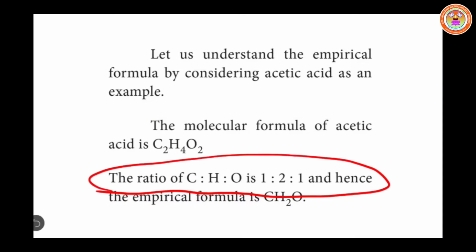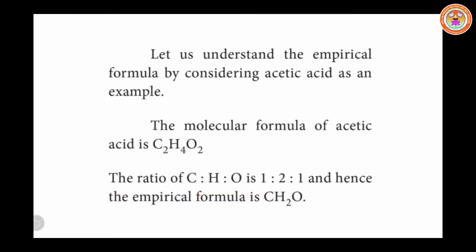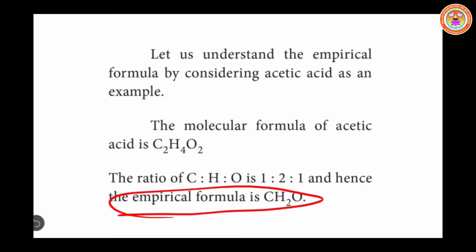The empirical formula of a compound is written with the simplest ratio of the number of different atoms. So, the ratio of carbon, hydrogen and oxygen is 1:2:1, and hence the empirical formula is CH2O.